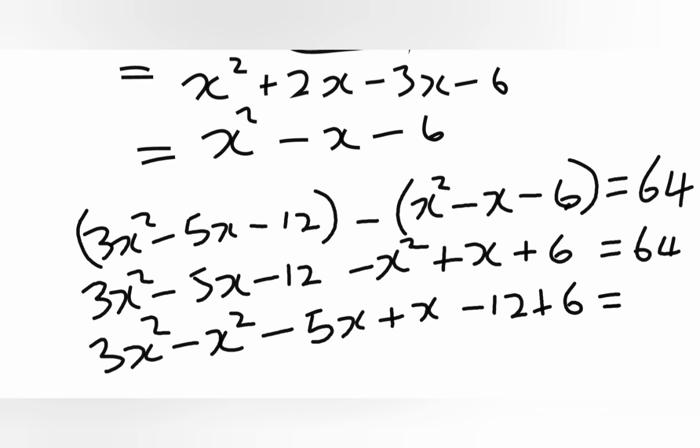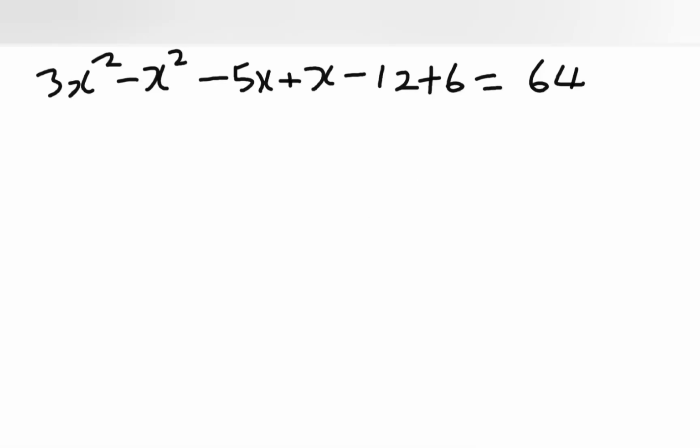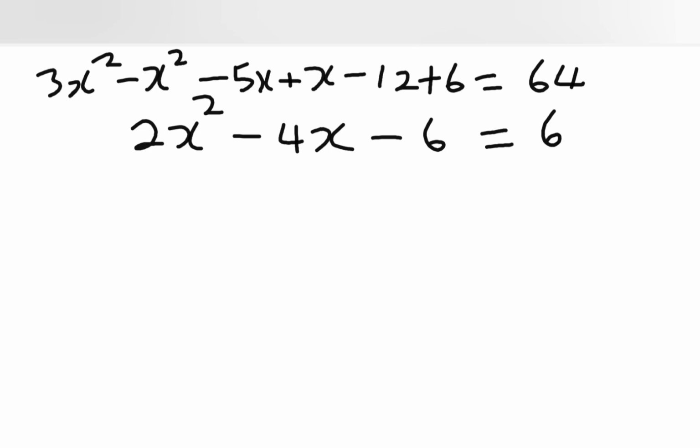And all of that will be equated to 64. Let us simplify. 3x squared minus x squared is going to give us 2x squared. Minus 5x plus x is going to give us minus 4x. Minus 12 plus 6 is going to give us minus 6, and that will be equated to 64.